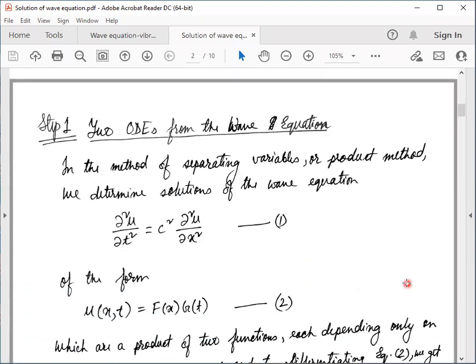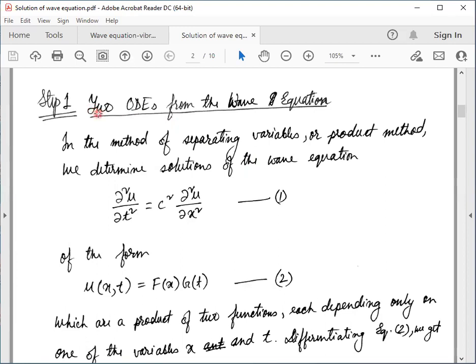So step number 1, we are going to obtain 2 ordinary differential equations from the given wave equation. This is a wave equation in 1 dimension, so we obtain 2 ordinary differential equations. If this wave equation were in 3 dimensions, then we would obtain 4 ordinary differential equations.